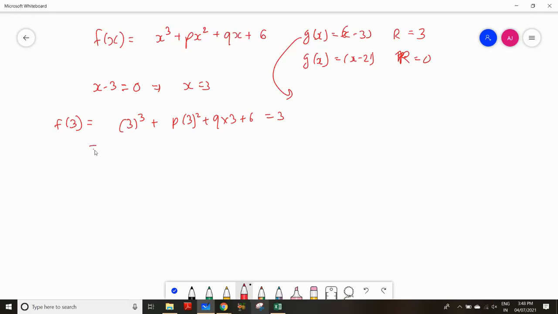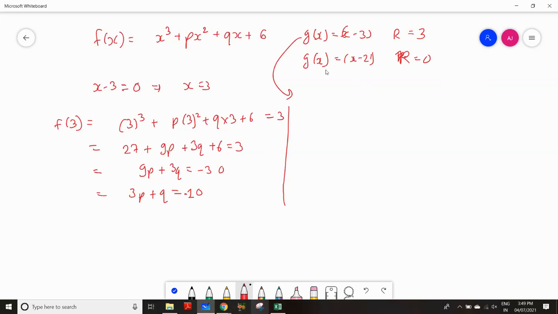It becomes 27 plus 9p plus 3q plus 6 equal to 3. So 27 plus 6 is 33, and moving it to the other side it becomes minus 30. That is 9p plus 3q equal to minus 30. Dividing all the terms by 3, it becomes 3p plus q equal to minus 10. Okay, so this will be the first equation.